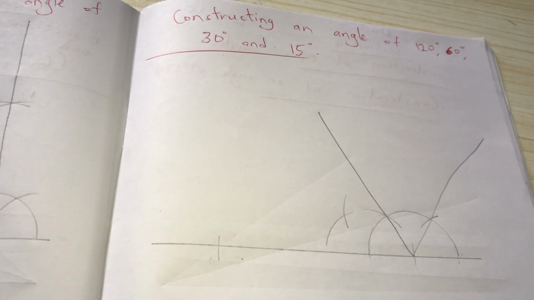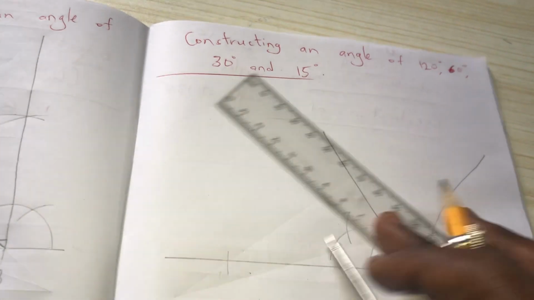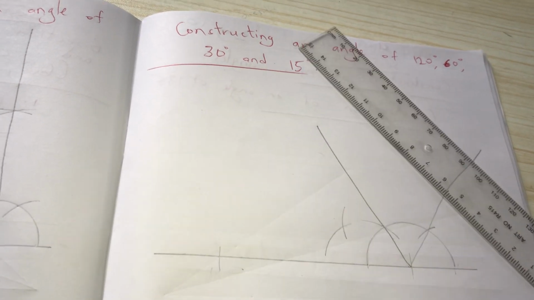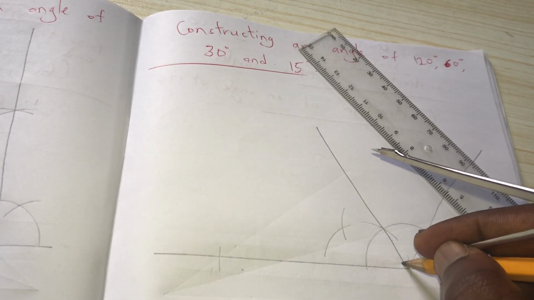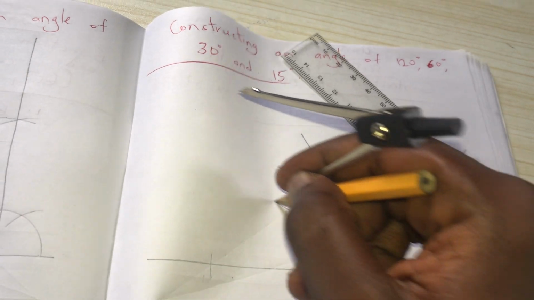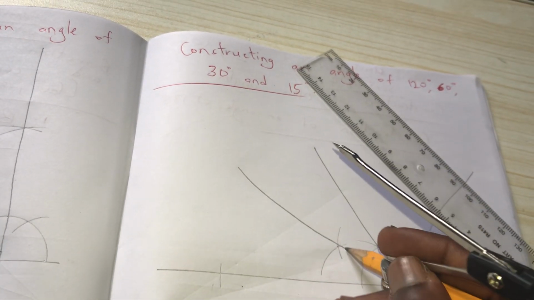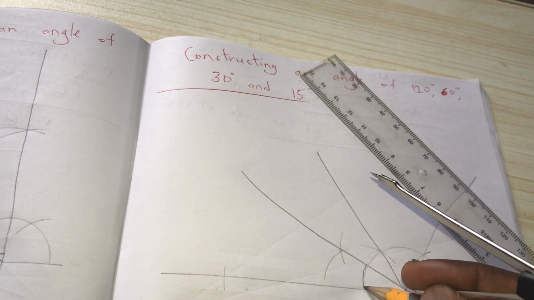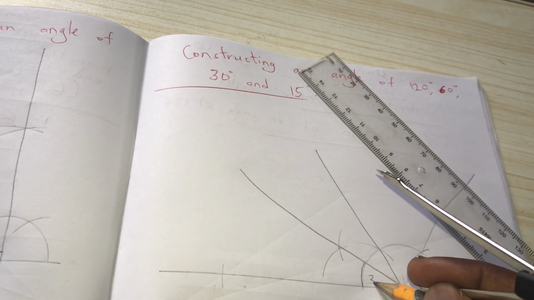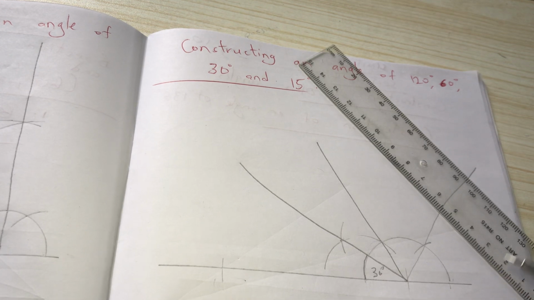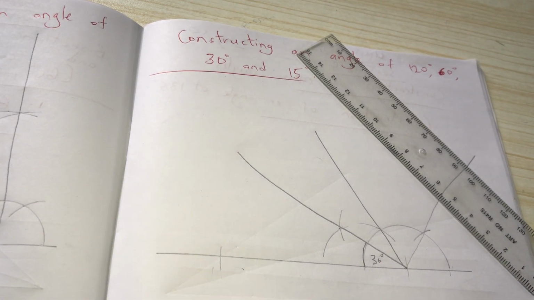Yes, exactly, to what? Join with your rule and not your hand. Okay, so from here to here, yes, to the intersection of this point, and now this one is what? 30 degrees. Exactly.